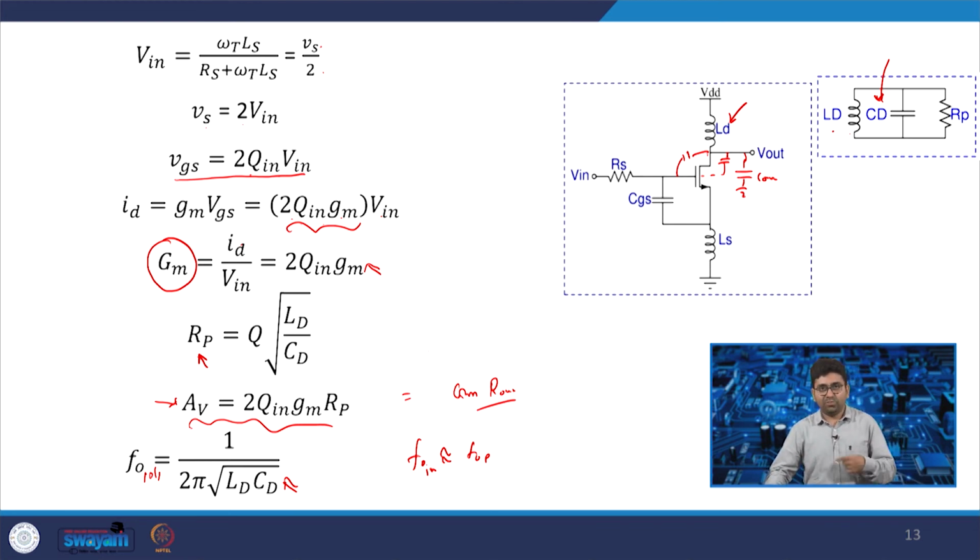So this is how this source degeneration common source amplifier works, and it is a widely used LNA in the field of RF transceiver design. The same design can be extended to the cascode. Here we have only used a single transistor.